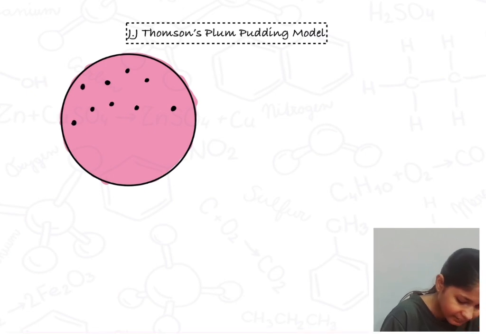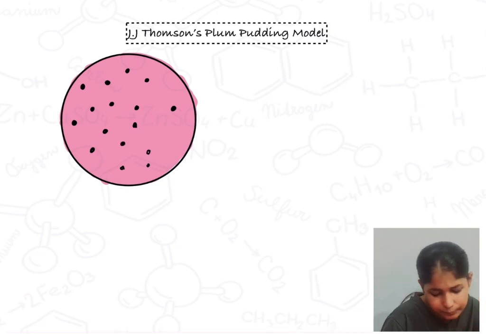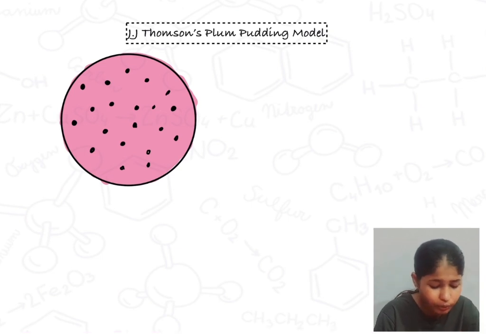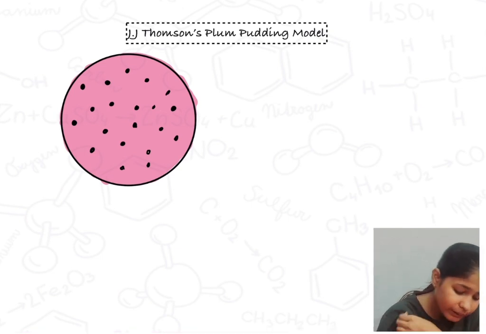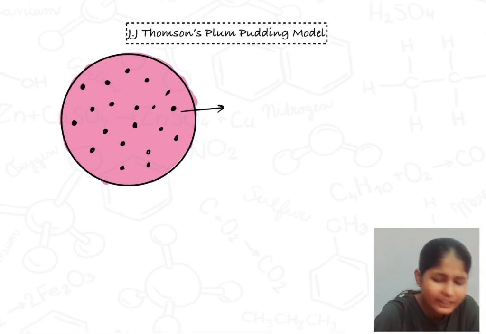and these seeds are distributed uniformly. Whatever I want to say from the words is that they are uniformly distributed. What does uniformly distributed mean? It has no specific place where it is placed. It has no fixed place.